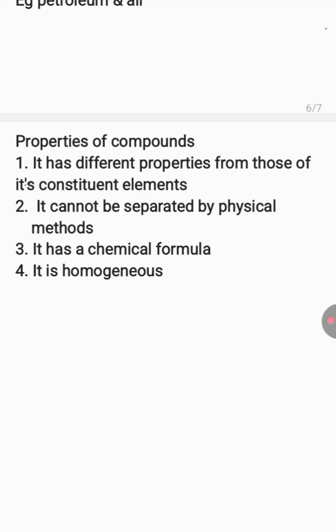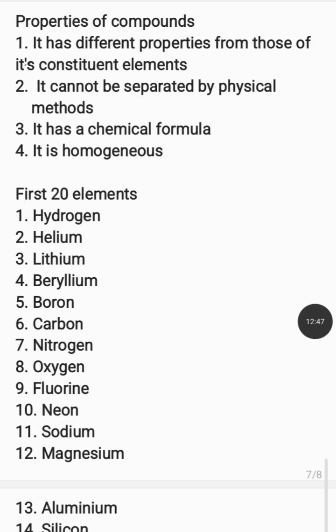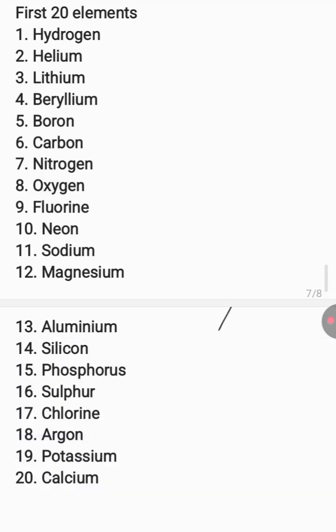The first 20 elements are hydrogen, helium, lithium, beryllium, boron, carbon, nitrogen, oxygen, fluorine, neon, sodium, magnesium, aluminum, silicon, phosphorus, sulfur, chlorine, argon, potassium, and calcium.